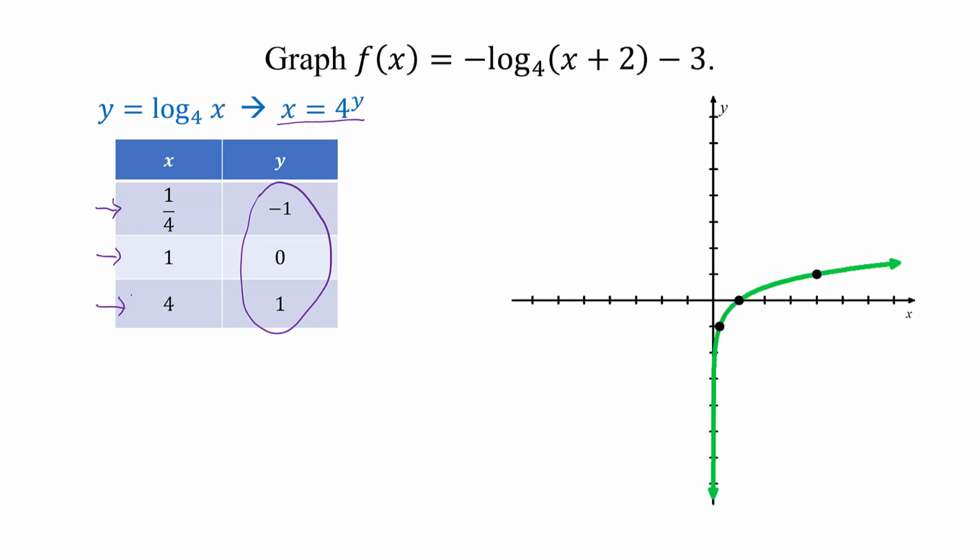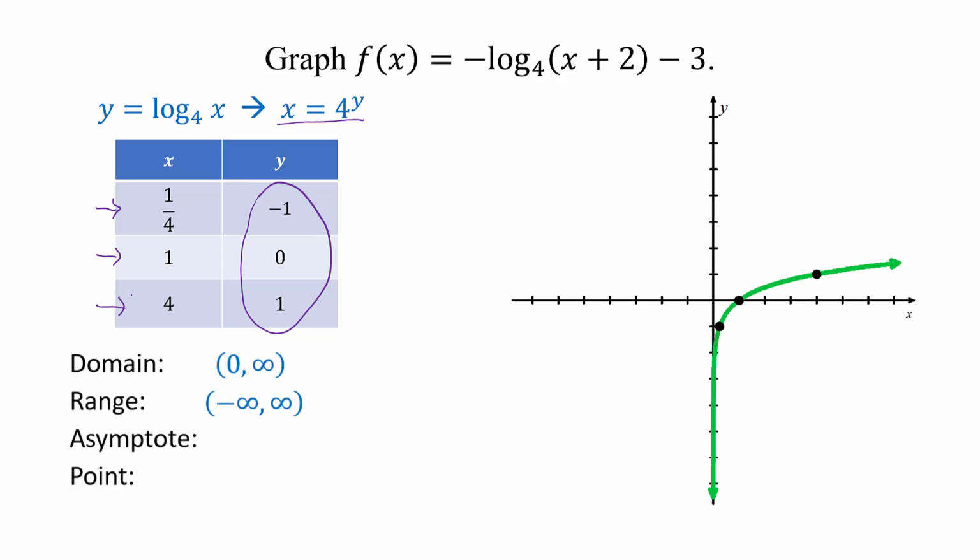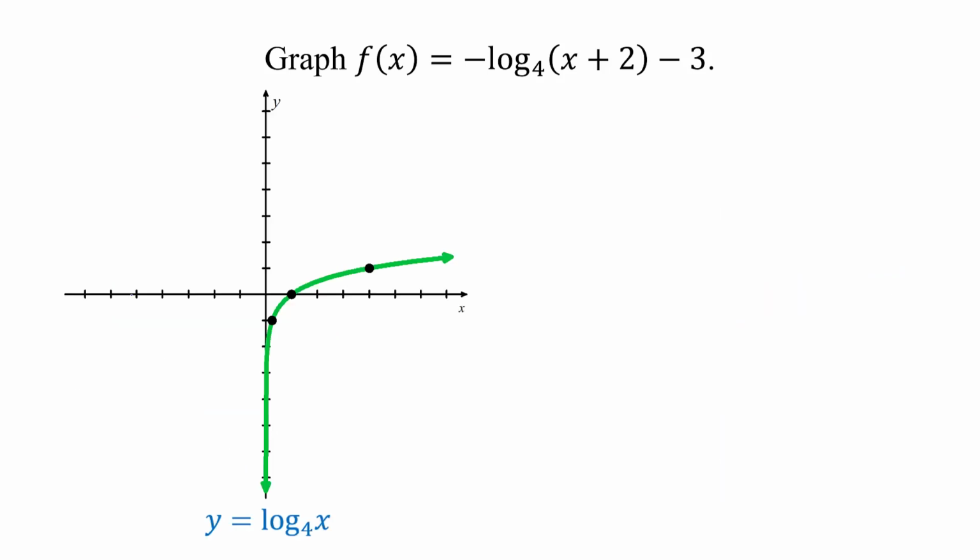Then connect these 3 points with a nice smooth logarithmic curve, noting that the domain is 0 to infinity, the range is all real numbers, the asymptote is x equals 0, and we have the point (1, 0) on our graph.